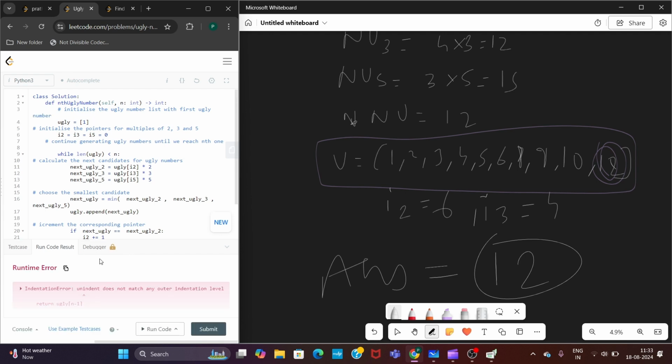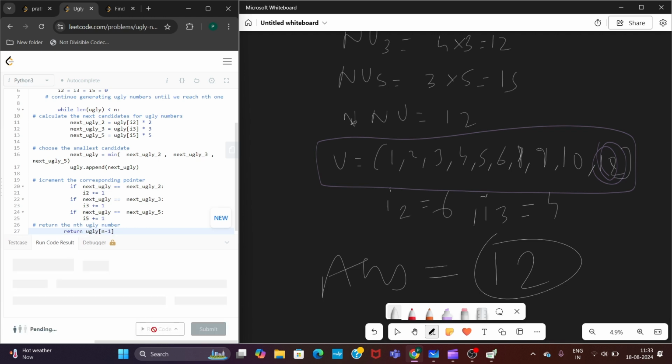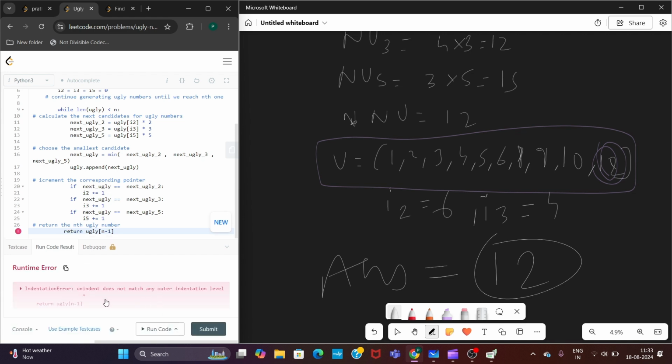It's giving some indentation error. Now let's try to run it. Again, it's giving the indentation error.